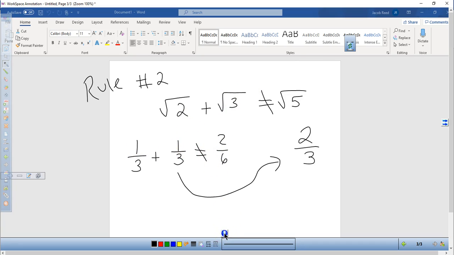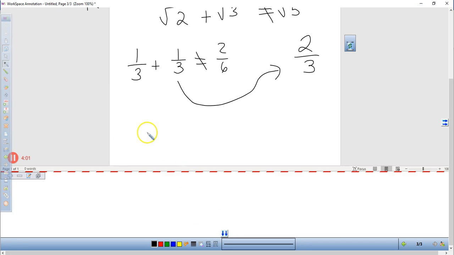Radicals function similarly. If I have 2 square root of 3 and 5 square root of 3, we have to check to make sure the indexes are the same, which they are. The next thing we have to check is, are the numbers under the radical the same? These are kind of like our common denominators here.